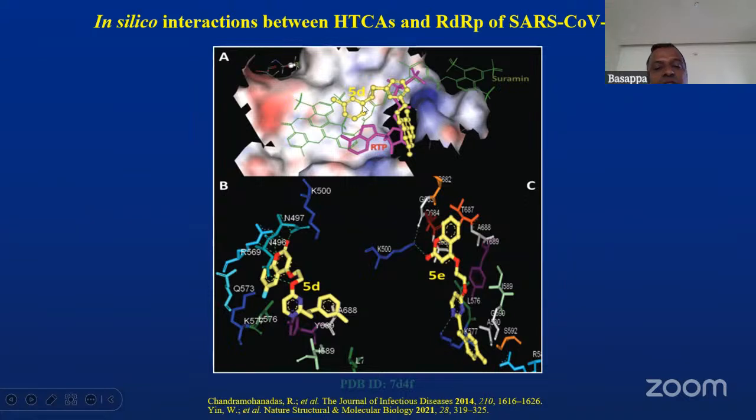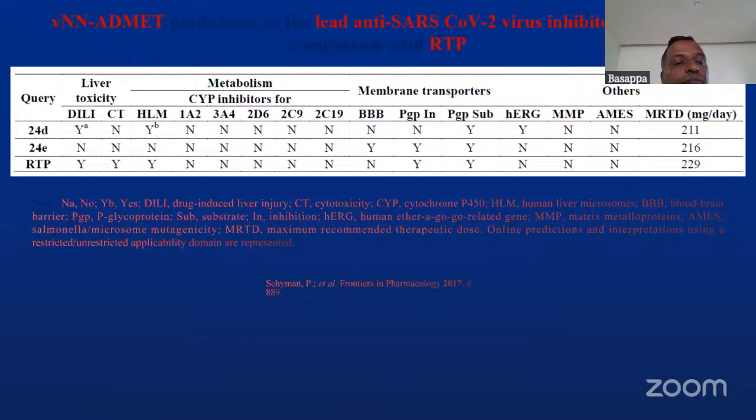You can see 5D is somewhat unique, where the coumarin binding pattern was different, which we found, and this work has been published, as I said, in ACS Omega. So this is the work. I will just skip this one. This is the computer model which tells how these compounds compare computationally with regard to liver toxicity or CYP inhibition, followed by whether there is any blood-brain barrier crossing.